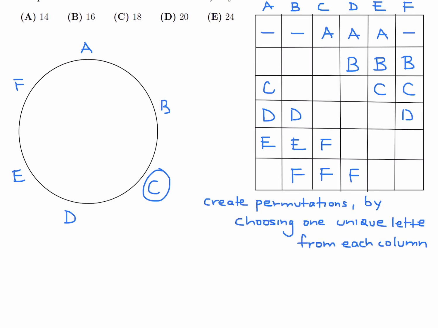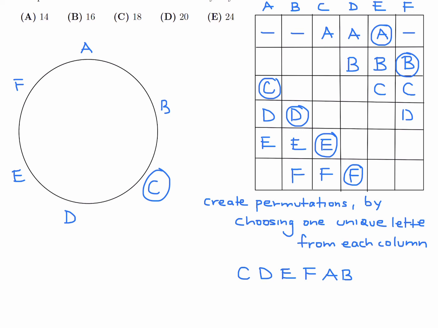So, for example, one such would be C, D, E, F, A, B. So A goes to C, B goes to D, C goes to E, D goes to F, E goes to A, and F goes to B. So if that is done, that is one such permutation. And we have to find how many of these there are.